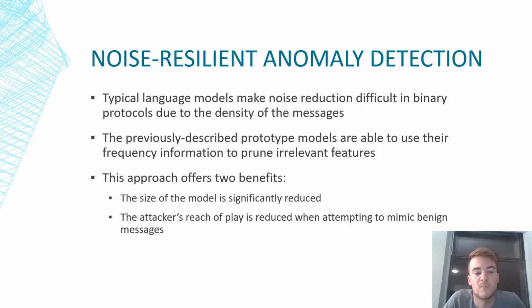And so the two benefits that come from this application are that the size of the model is significantly reduced, saving space, and also the attacker's room to play is reduced when attempting to mimic benign messages, which will come back whenever we talk about the evaluation. But it basically makes it more difficult for an attacker to mimic a benign message.